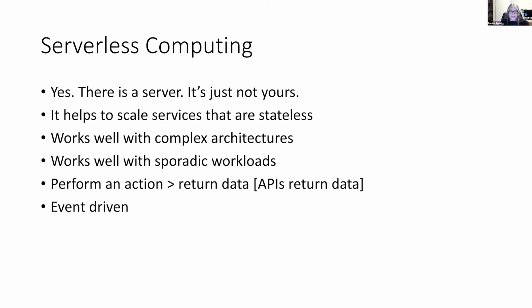So that's where you might consider an API if you're going to stay with that classic kind of CRUD type of model, as opposed to something that's going to just do stuff and perform actions and not necessarily grab data and show it to the user. And all this, of course, is event driven. So you'll see an event has to start every function, and that event is called a trigger.